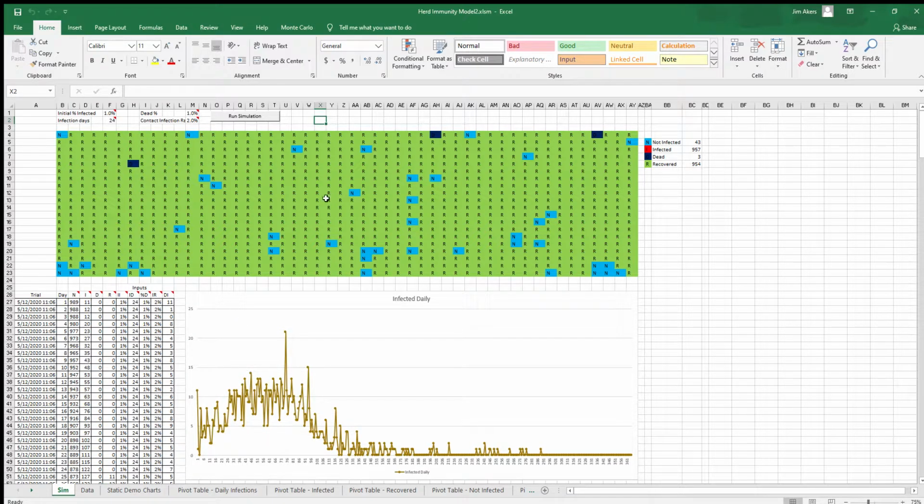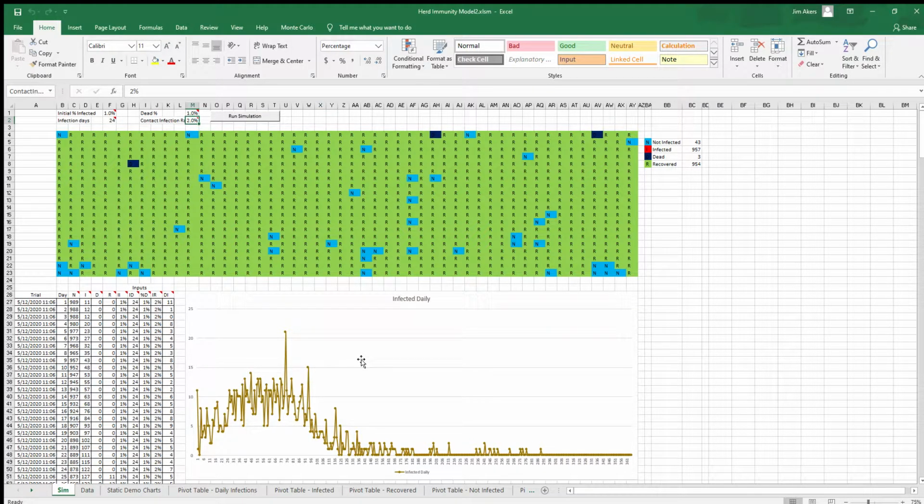So we had 43 people who were never infected in this scenario. 957 were infected, 3 died, 954 recovered. So we did have a number of little bubbles where people were not infected. You can see the curve here is significantly broader in its base, more spread out.